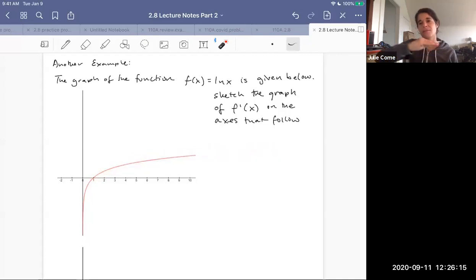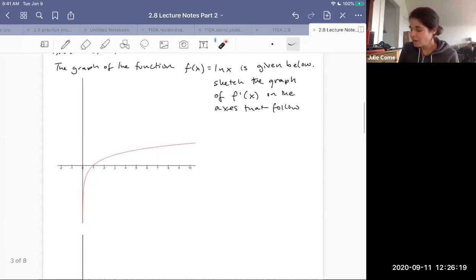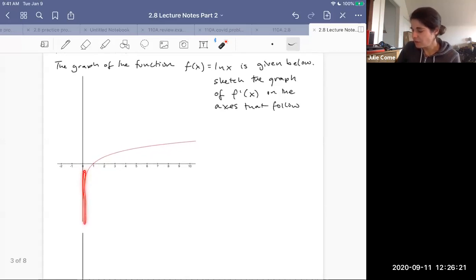It basically goes up at a very gradual slope. Again, we don't really have any scale values on here. I don't know how far we're looking at, but we can certainly assess what the relative slopes of the tangent lines to this graph are.